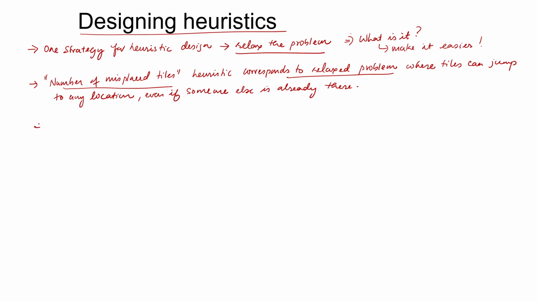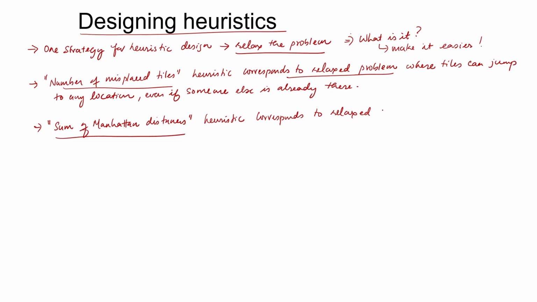Another example is the sum of Manhattan distances. Okay. This heuristic corresponds to a relaxed problem where multiple tiles can occupy the same spot.